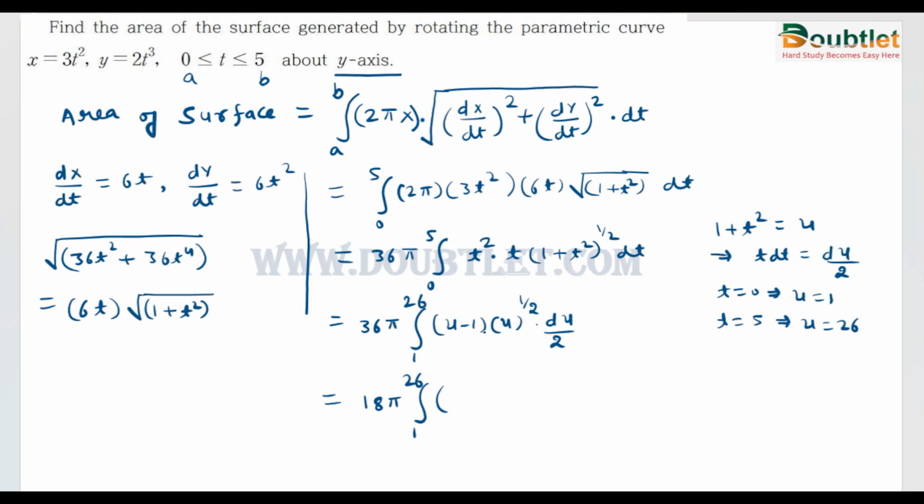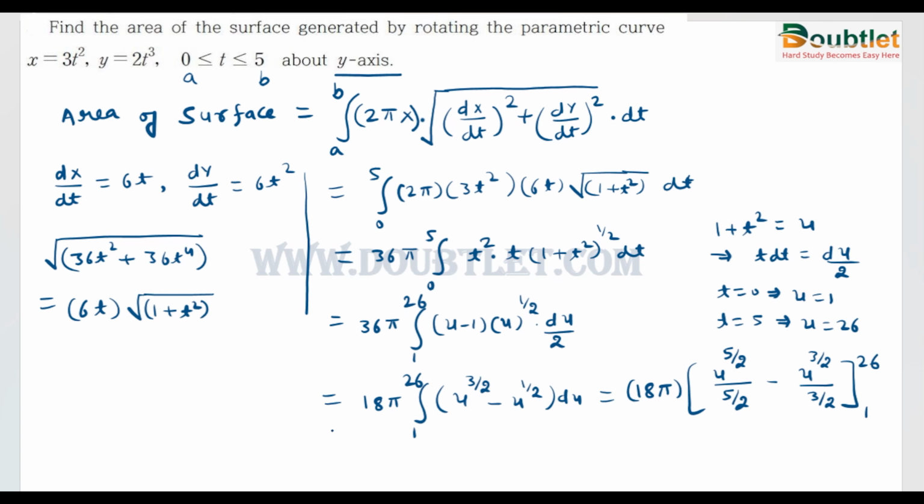Now this is a linear integration, so we have to multiply this root u inside. It will become u to the power 3/2 minus u to the power 1/2, and we have to integrate it. So it will become 18 pi. By the power rule we can integrate this: u to the power 5/2 divided by 5/2, minus u to the power 3/2 divided by 3/2, and the limits are from 1 to 26.